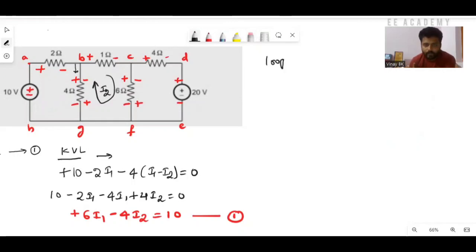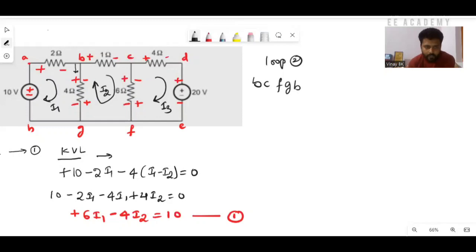Loop 2 is nothing but B C F G B. Apply KVL again. You already have the loop directions I1, I2, I3, so based on the direction you already gave the polarity. Now mark the polarity and write the expression.